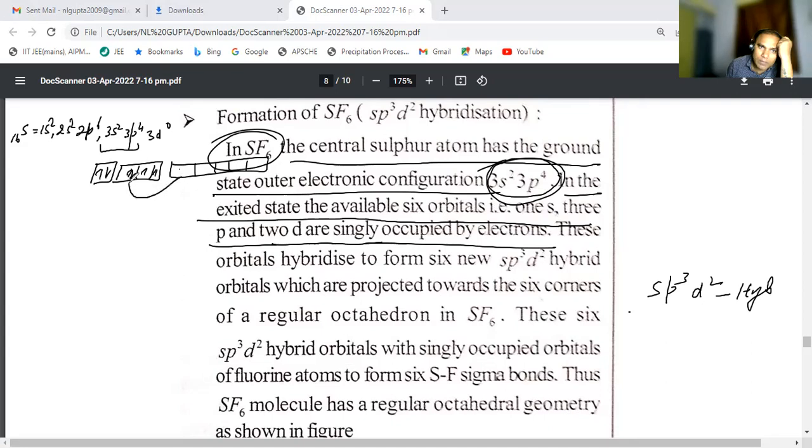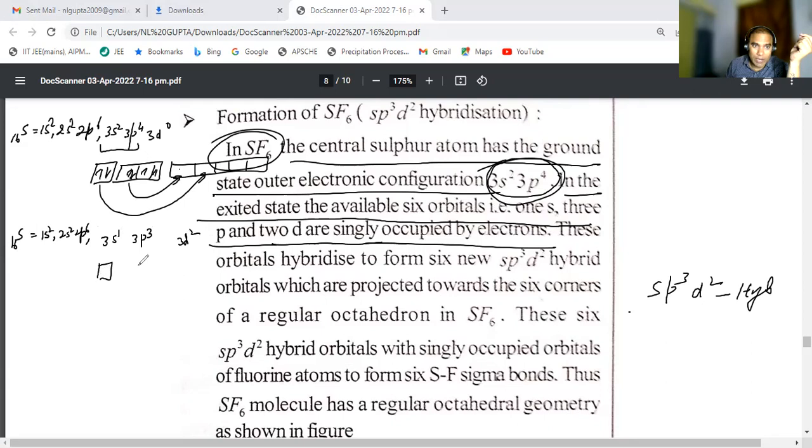So one electron goes here. Next configuration for sulfur 16: the inner shell is constant, 1s2, 2s2, 2p6, no change. But here it becomes 3s1, 3p3 and 3d2.